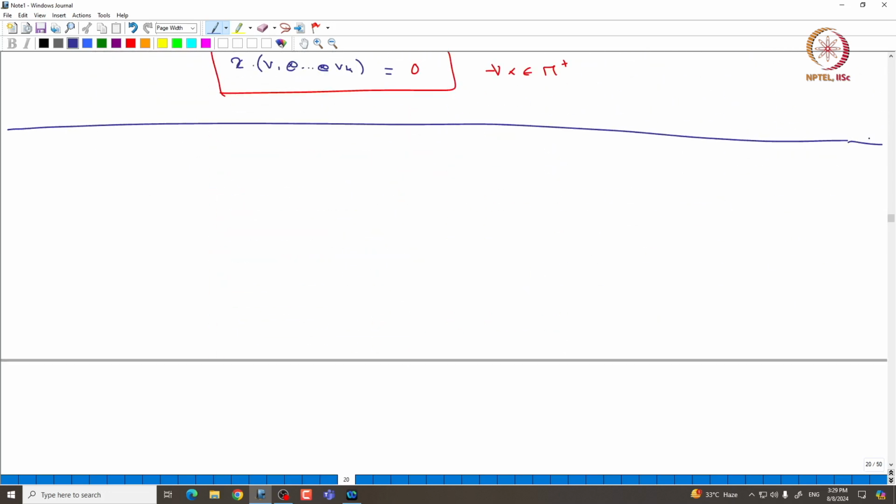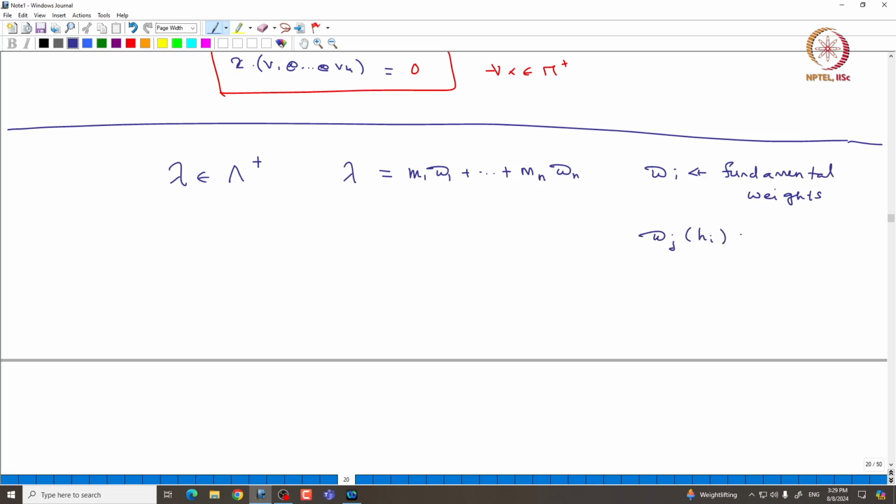If we use this observation, then given lambda coming from lambda plus, one can write lambda as m1 omega 1 plus, etc., plus mn omega n, where omega i are the fundamental weights. These are weights inside h star, dual to the basis h_i.